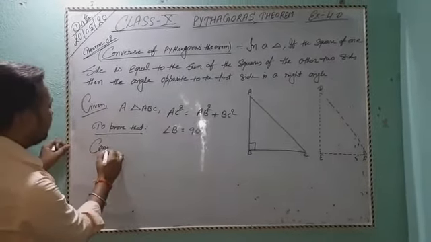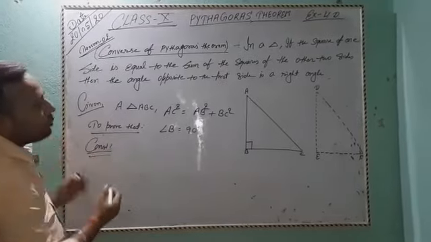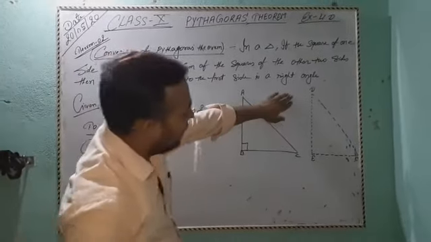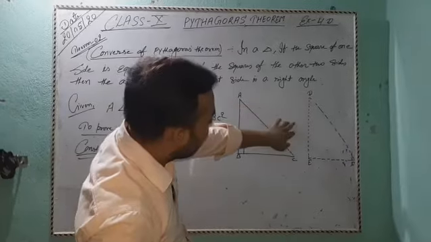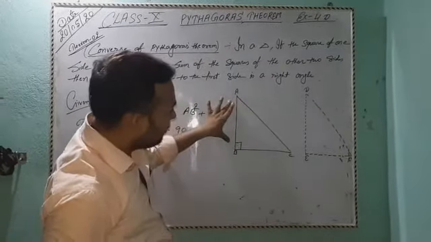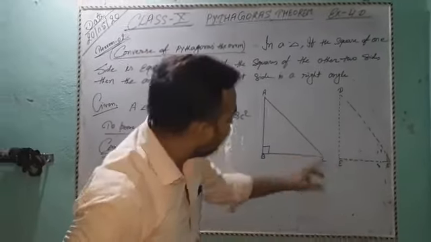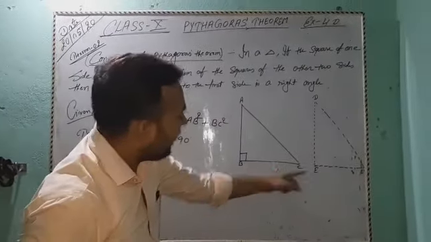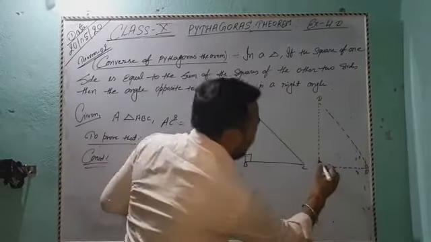Construction: draw a triangle DEF such that DE equals AB and EF equals BC and angle E equals 90 degrees.